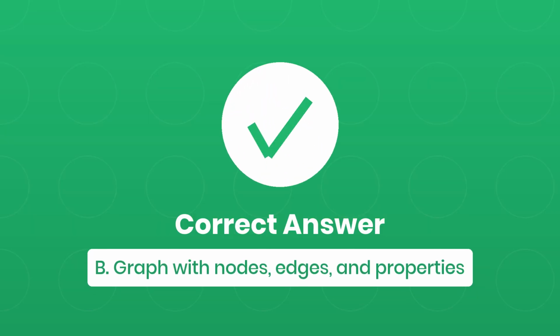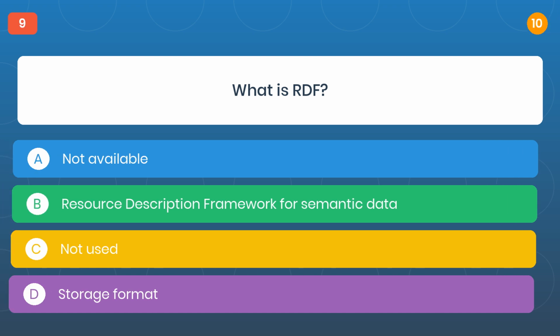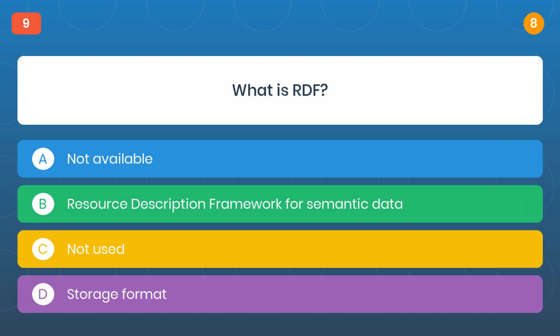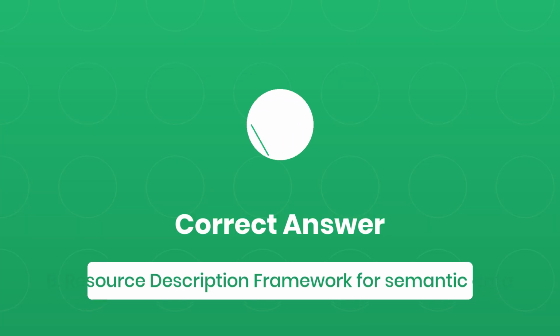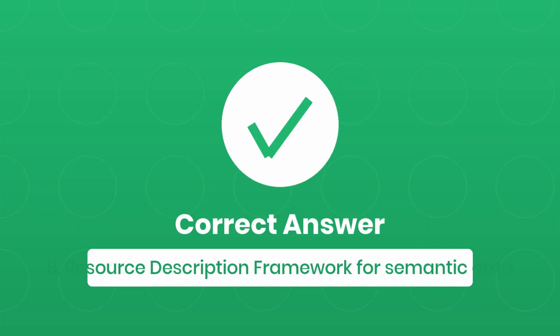The correct answer is B, graph with nodes, edges, and properties. Question 9. What is RDF? The correct answer is B, resource description framework for semantic data.